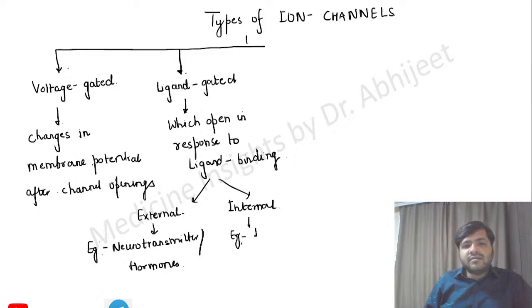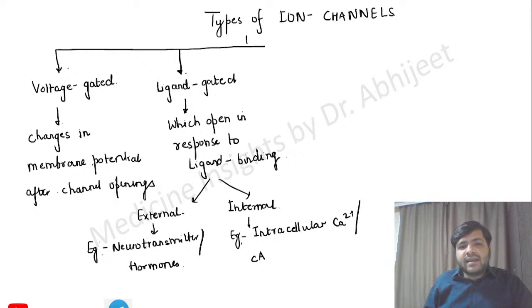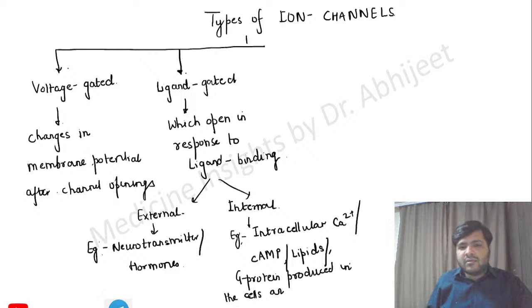एग्जाम्पल्स लिख लेना इसमें, इंट्रासेलुलर कैल्शियम, इंटरनल मतलब अंदर की तरफ होगा, तो इंट्रासेलुलर कैल्शियम आप लोग को याद रखना है। कैंप साइक्लिक एडिनोसिन मोनोफॉस्फेट, लिपिड्स और जी प्रोटीन। ओके, और G protein which is produced in the cells can bind directly to channels and activate them.